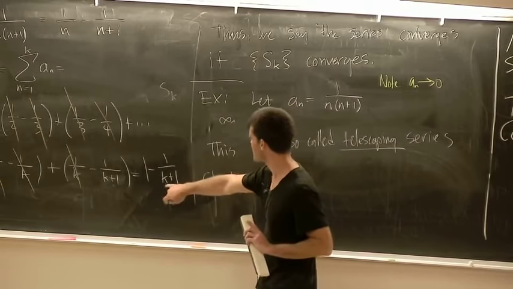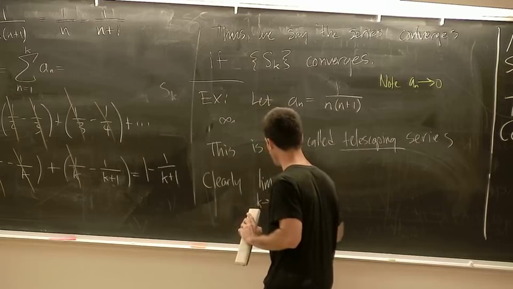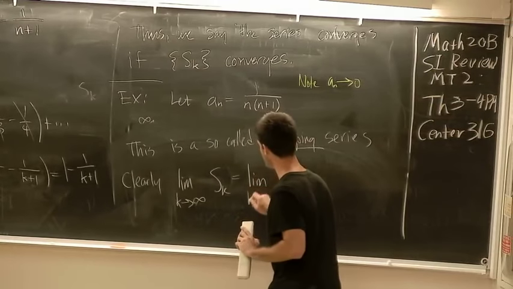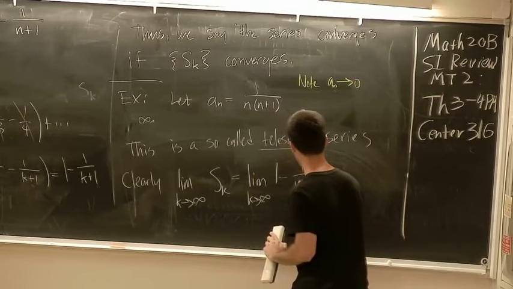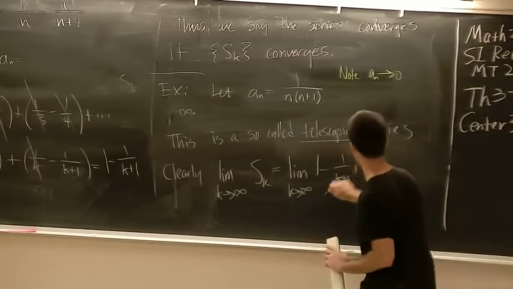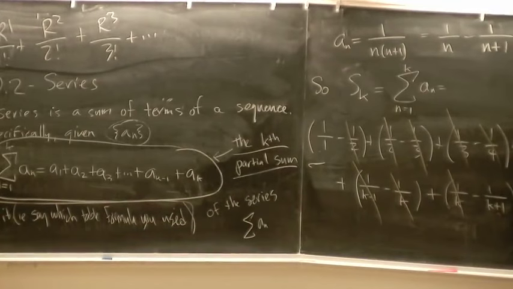Yeah, this term goes away. The limit as k goes to infinity of the partial sums is the limit as k goes to infinity of 1 minus 1 over k plus 1. This goes away when you take the limit, and you just get 1.